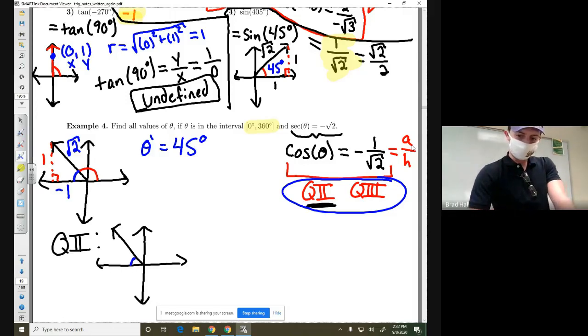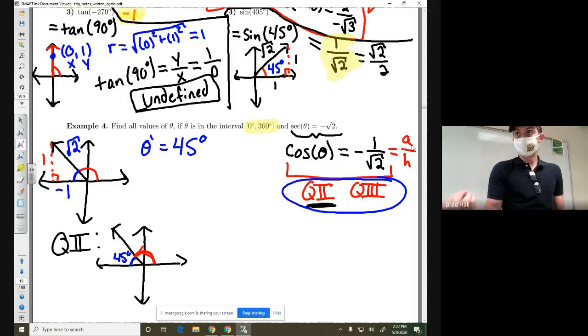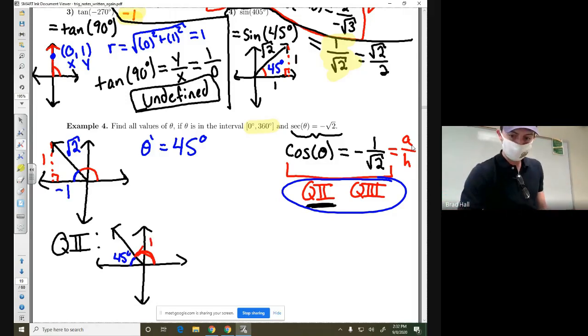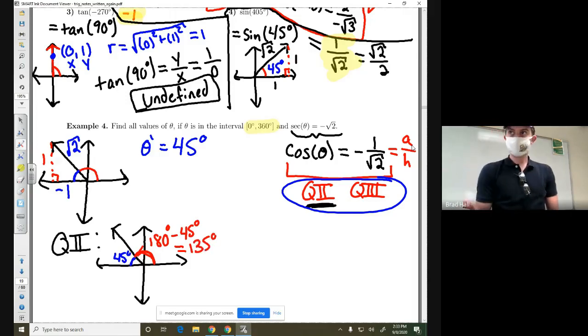So if we work backwards, the whole angle itself, which I'm highlighting in red, would have to be 180 minus 45, which is 135. And that's one of the answers.